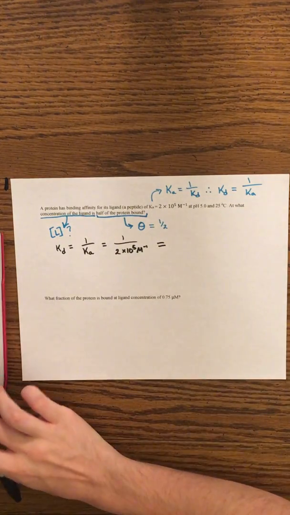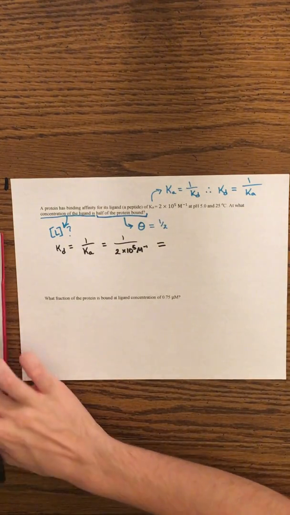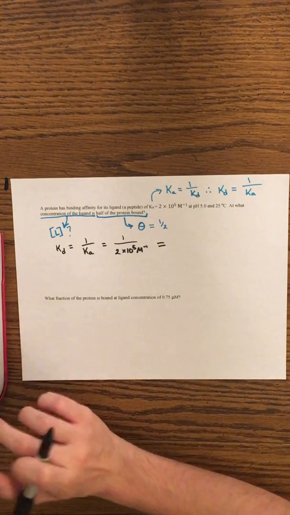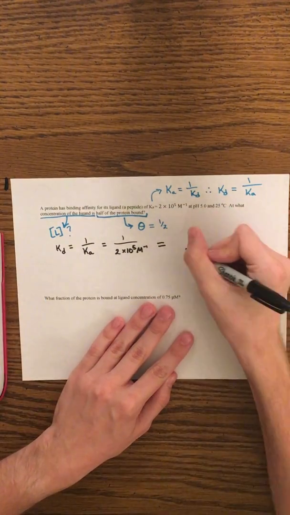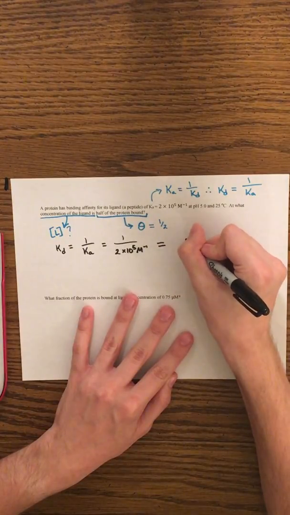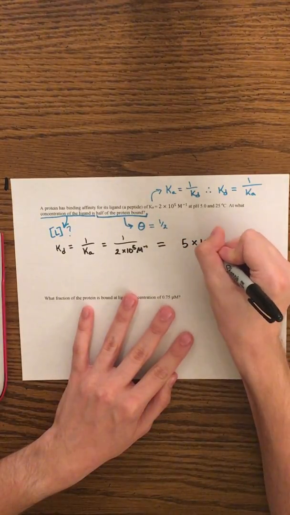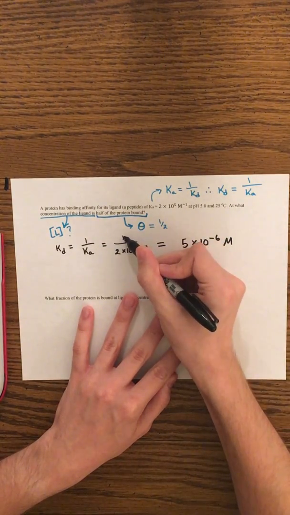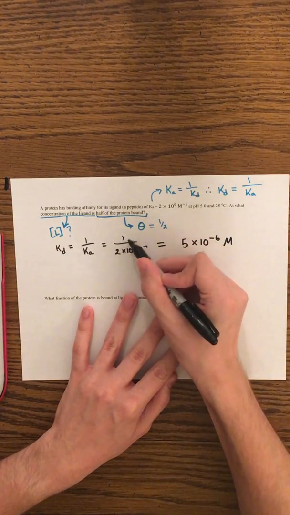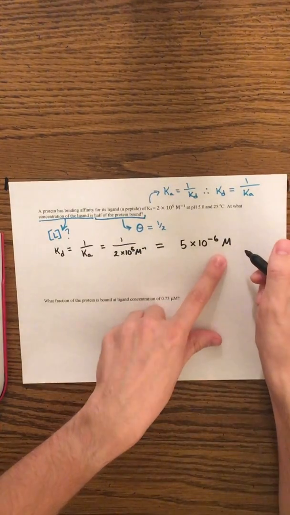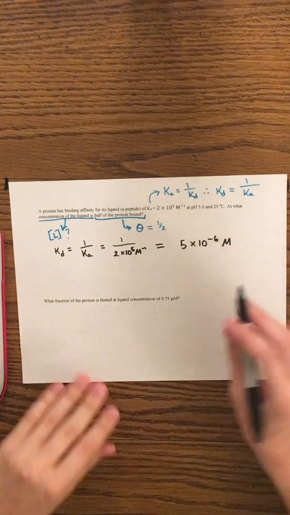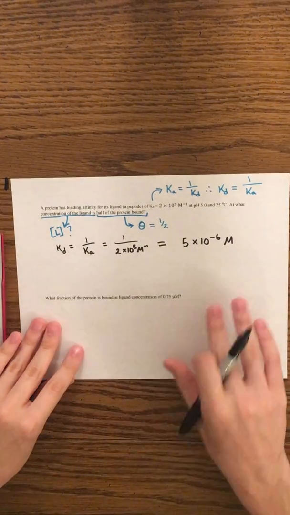If you're unsure of what that'll equal, just plug it in on your calculator. It's also not that bad of math, but that will equal 5 times 10 to the negative 6 molar. So remember, our units are inverse molar, but we're in the denominator here, so that is what our dissociation equilibrium constant will be. Okay, great.